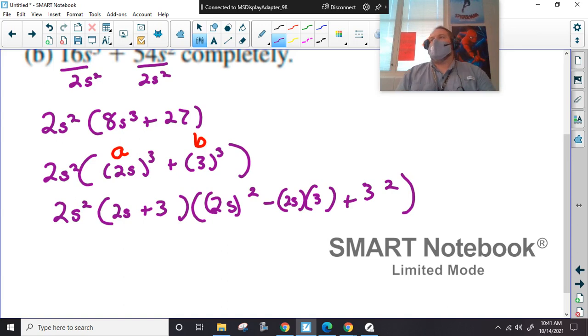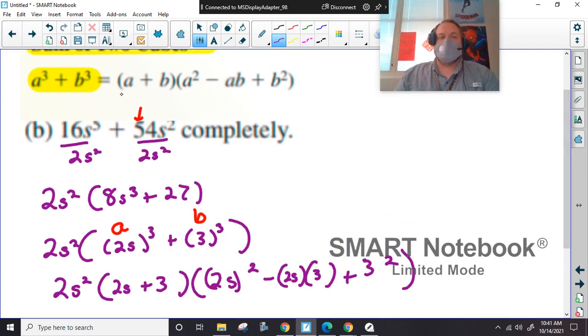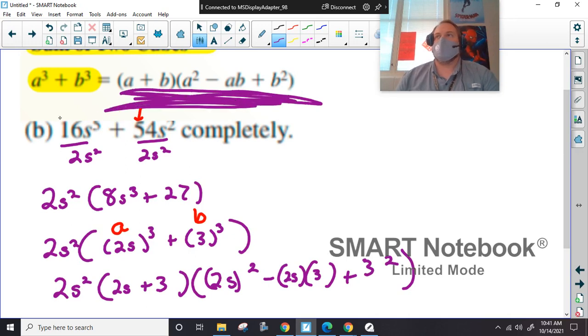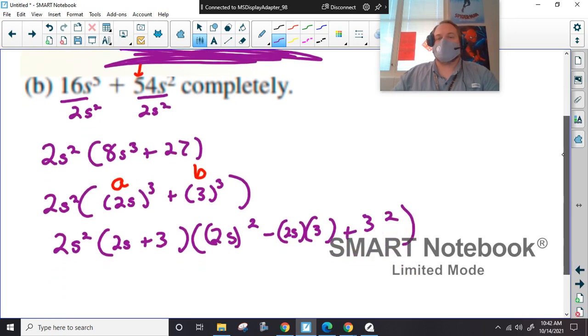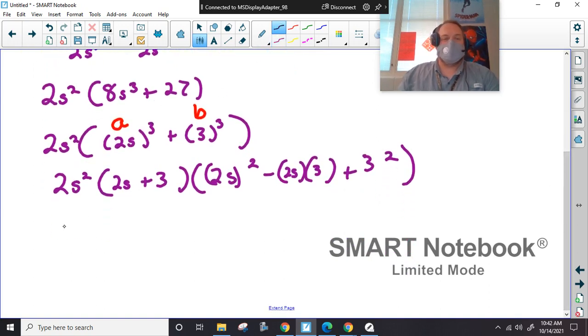Now, here's the deal. I'm going to try to not give y'all one like this where you have to do the GCF and then this too. If you look, all I did was plug into this formula. All right, now I'll just clean it up. 2s squared.